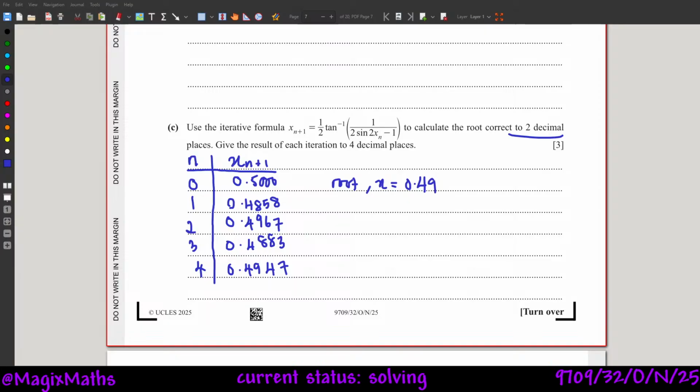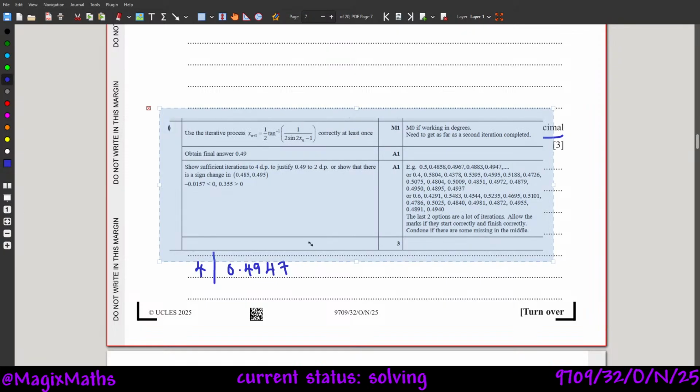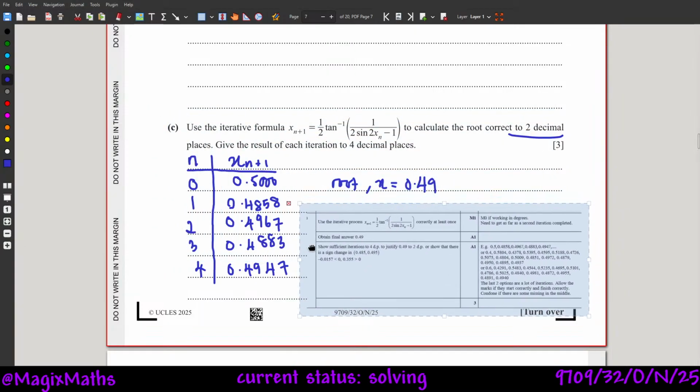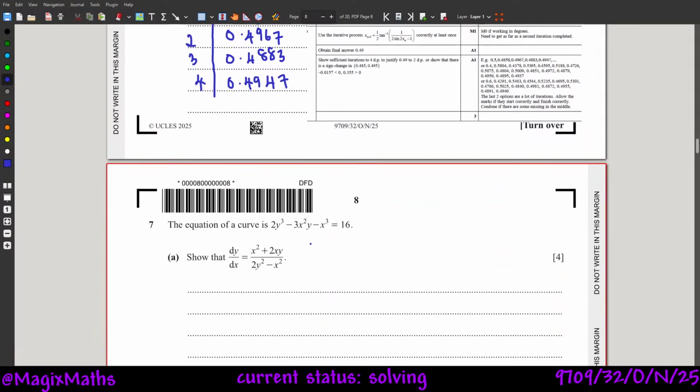Taking a look at the answer, 6C, yeah, we did get that mark, fortunately.